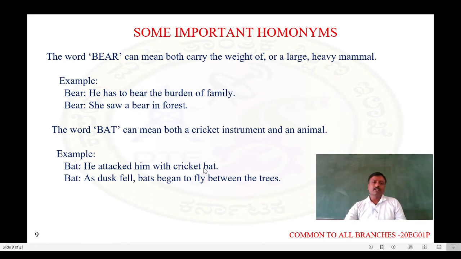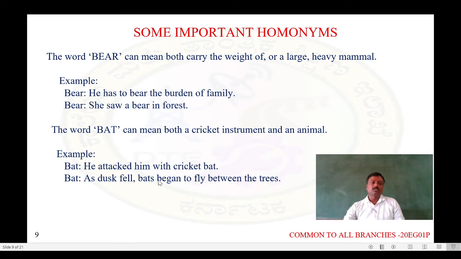Here bat stands for a wooden instrument which is used to play cricket. And in the second example, as dusk fell, bats began to fly between the trees. Here bats means a flying nocturnal animal.